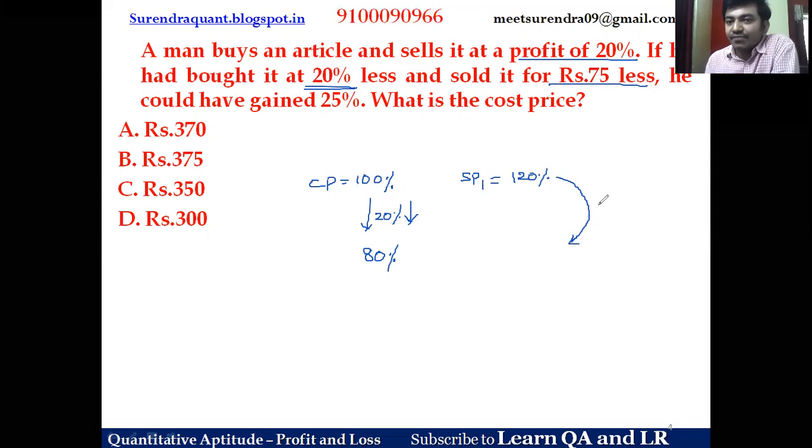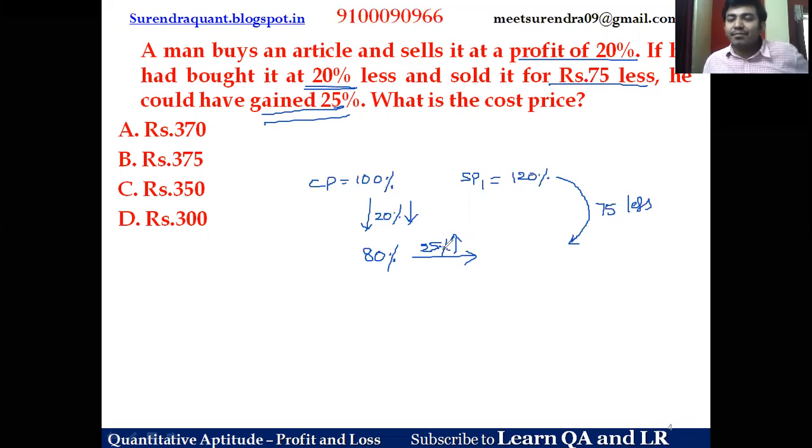Now he is selling it for 75 rupees less. Still, even if decreased by 75 rupees, he is able to make a gain of 25%. So 25% on his new cost price. So the new cost price is 80, on which he gains 25%, friends.